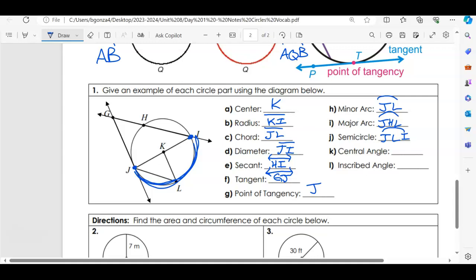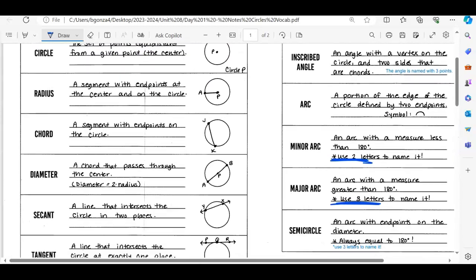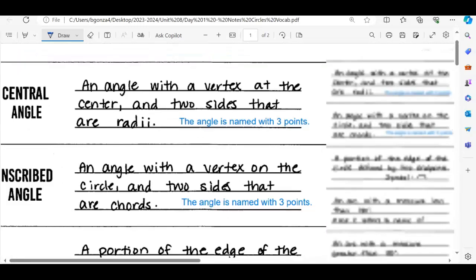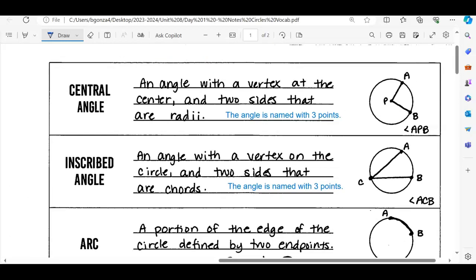Last 2, central angle and inscribed angle. So I'm going to once again refer to the front side of these notes. So look right here. Central angle should make a lot of sense because it's central. It's in the center. Y'all see the picture here? Central angle, right in the center.